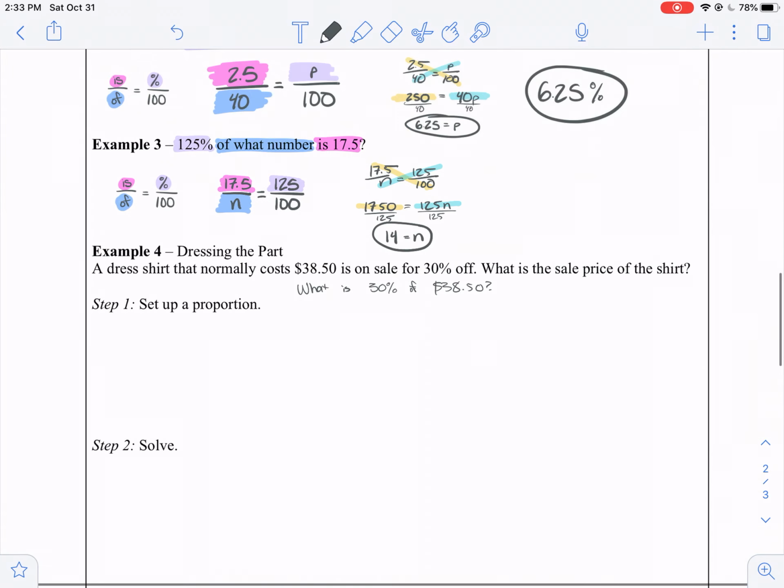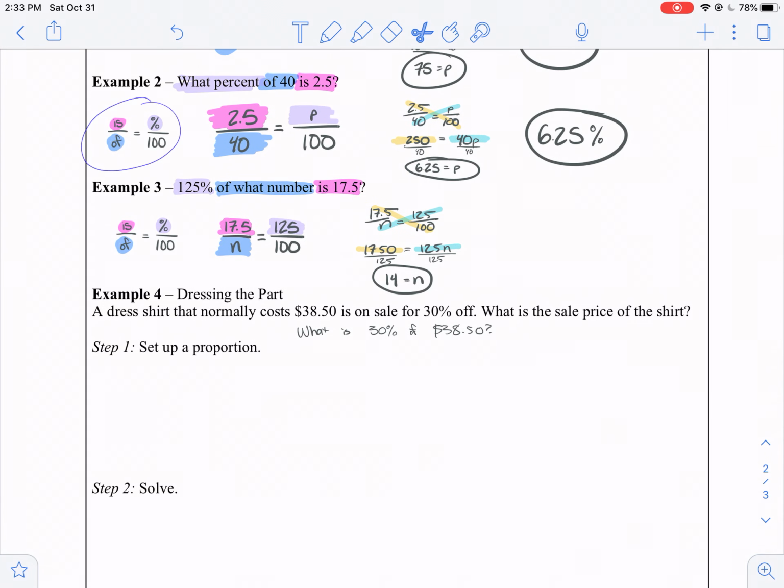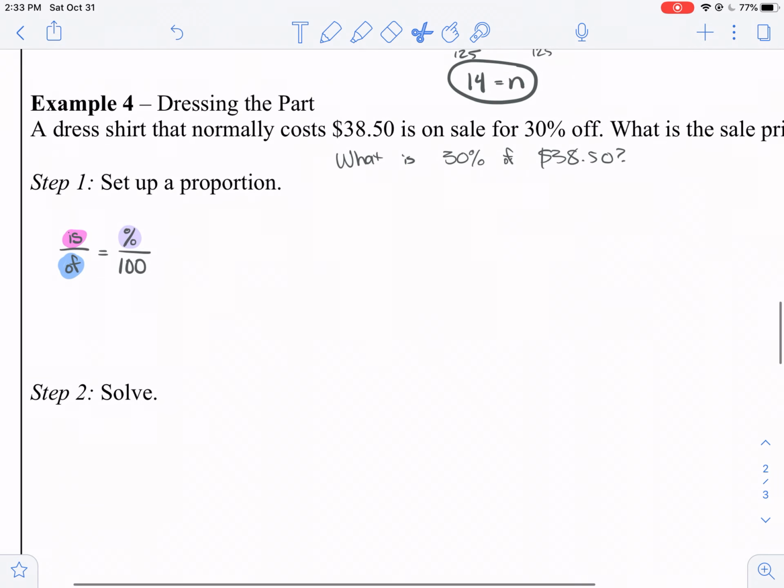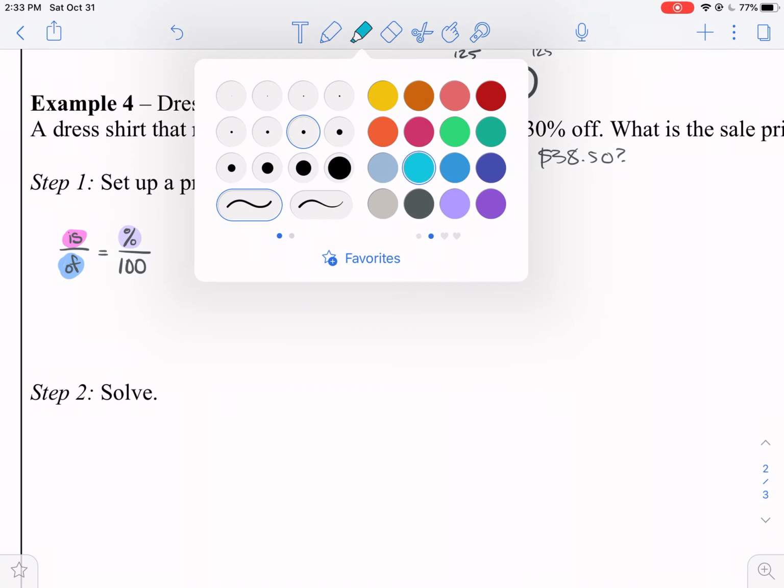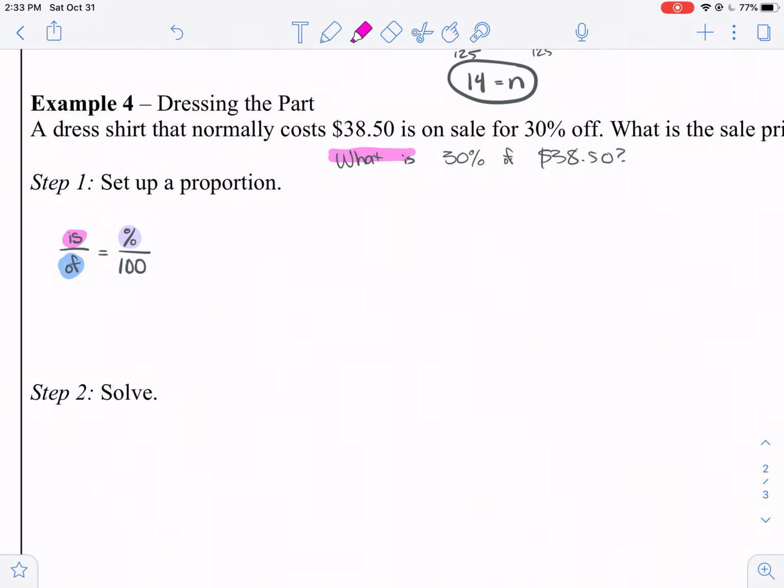So let's use our shortcut. Let's set up a proportion, shall we? Okay. So our "is" number. What is our "is" number? We don't know. So we're going to put n, because we don't know what that number is. Okay.